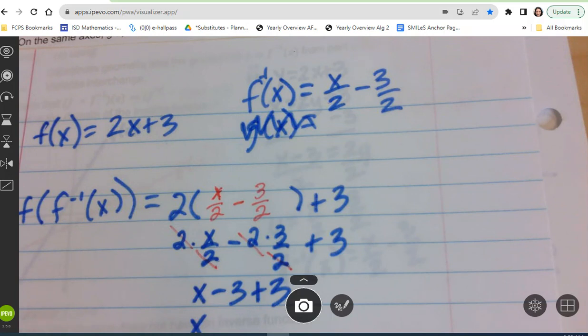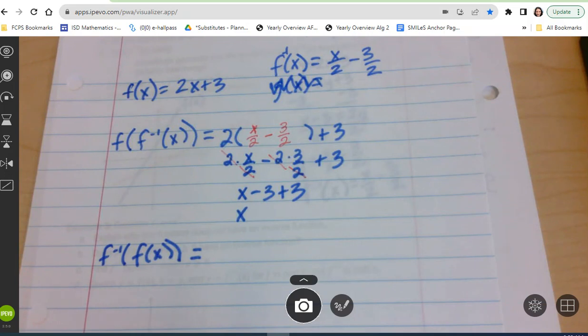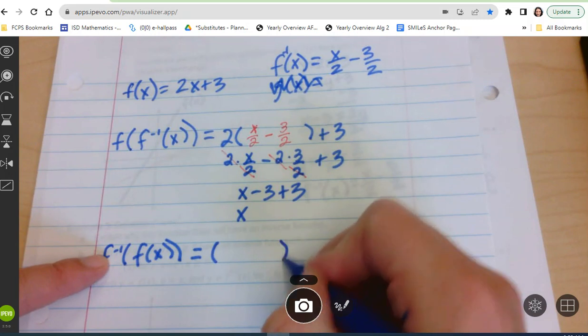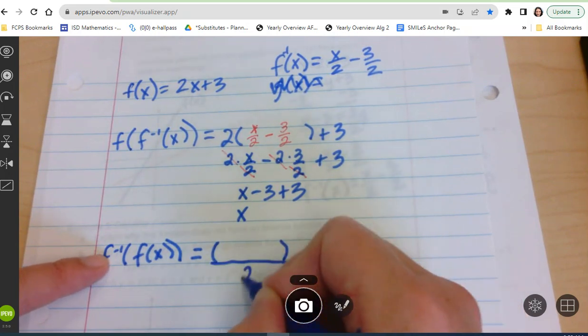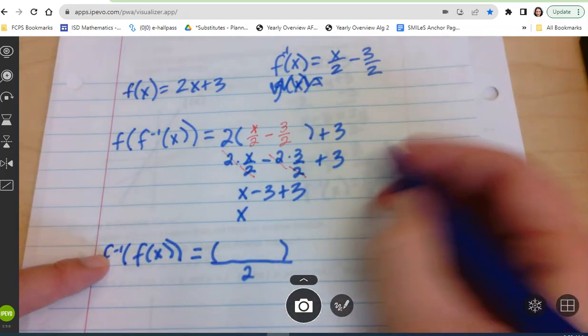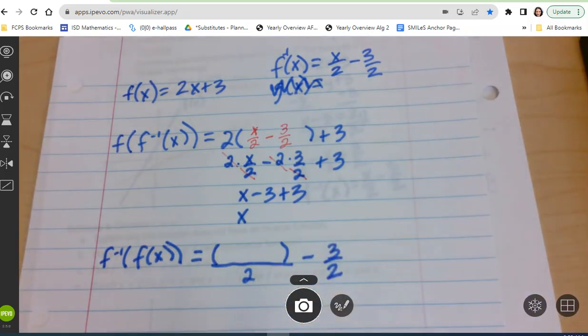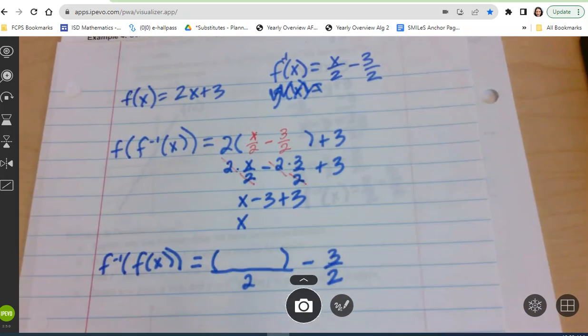We have to do the other one too, though. We have to do the inverse of f of x. Okay. This time the inverse is my outside function. So I have something over x. Notice the big parentheses instead of the x, minus 3 over 2. So something over 2 minus 3 over 2. I put parentheses instead of the x.